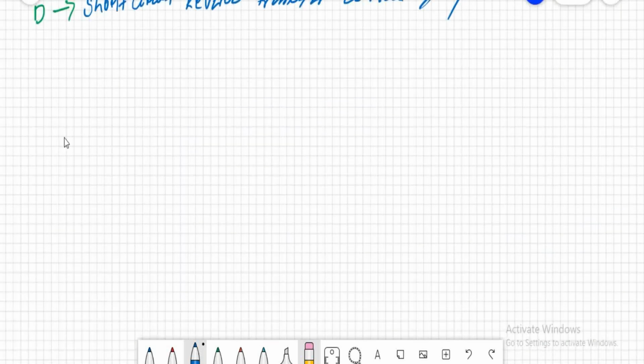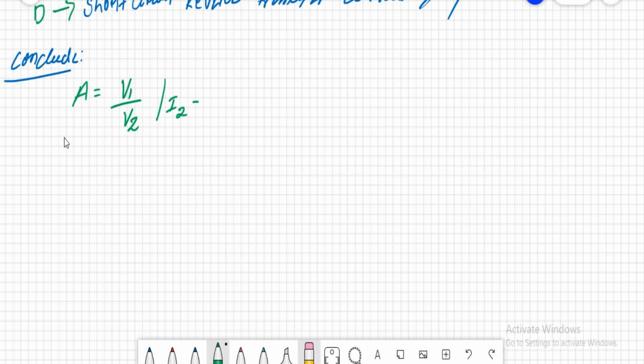Let us conclude. What is A? A is equal to V1 by V2 with I2 equal to 0, and C is equal to I1 by V2 with I2 equal to 0.